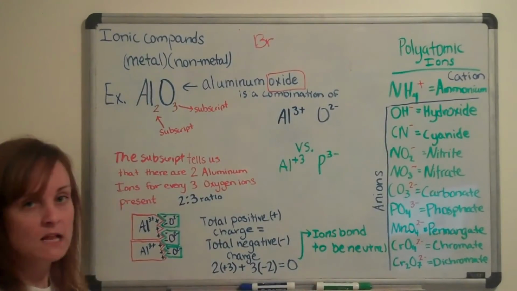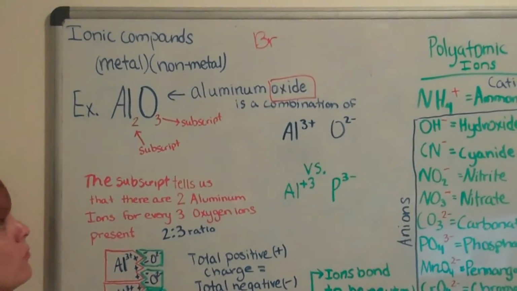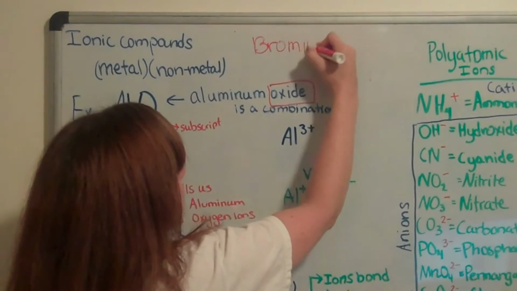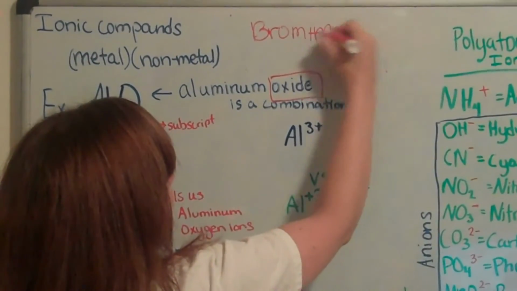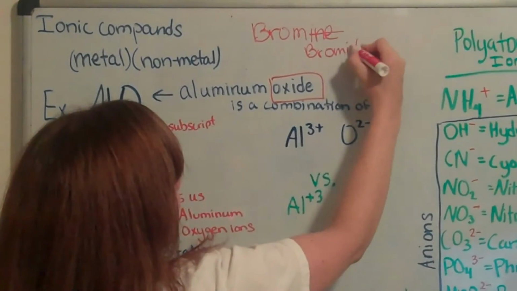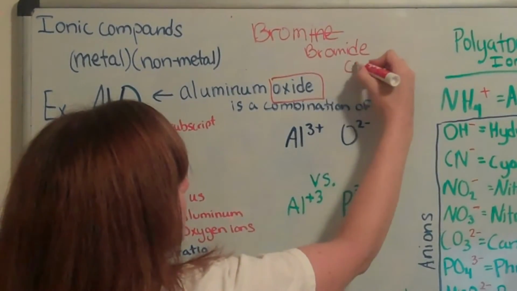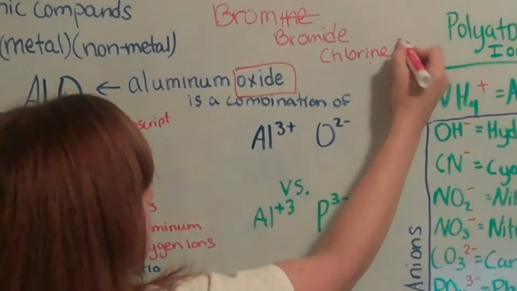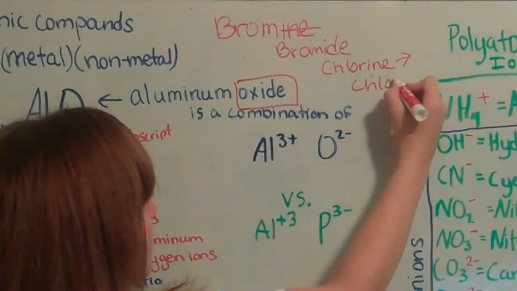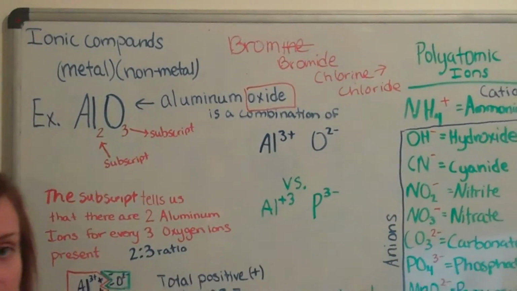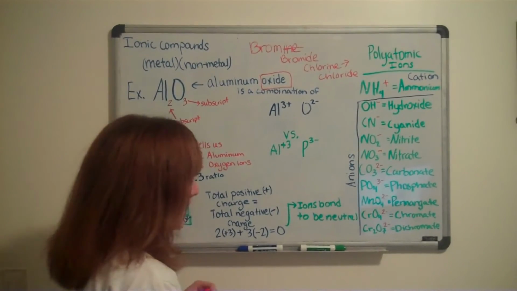When it's in its elemental form, it is bromine, so it's Br on the periodic table. You drop the -ine and it becomes bromide. And then you also have chlorine going to chloride, for those monatomic elements or ions.